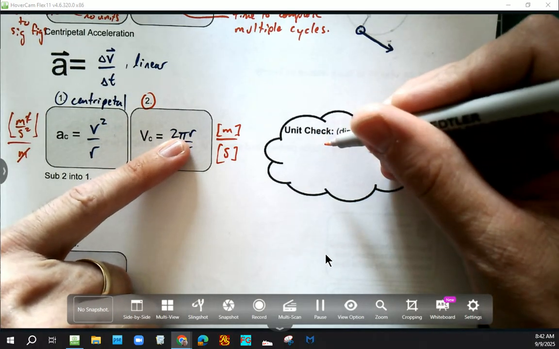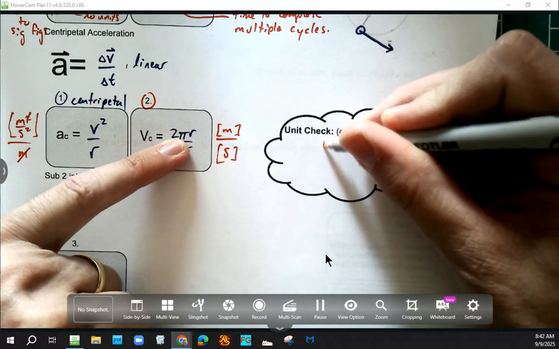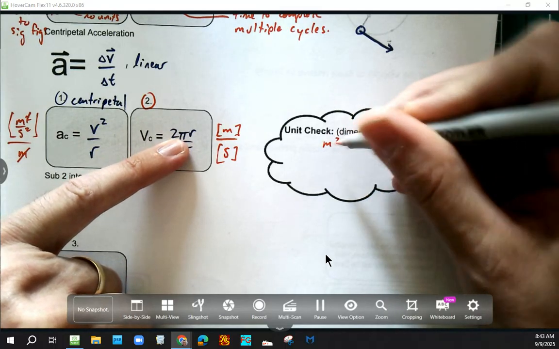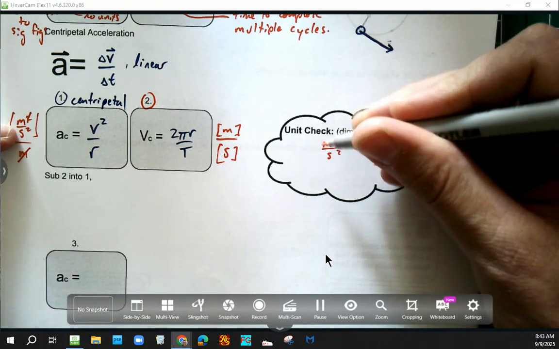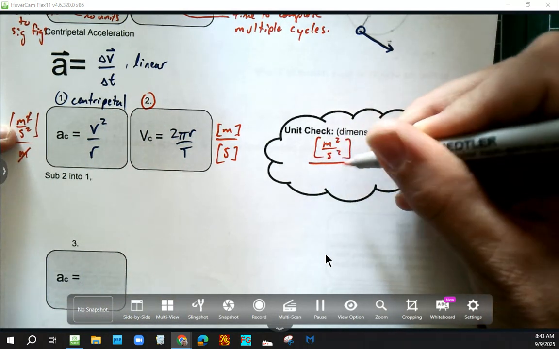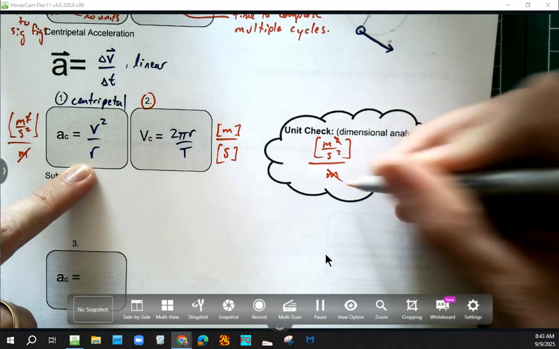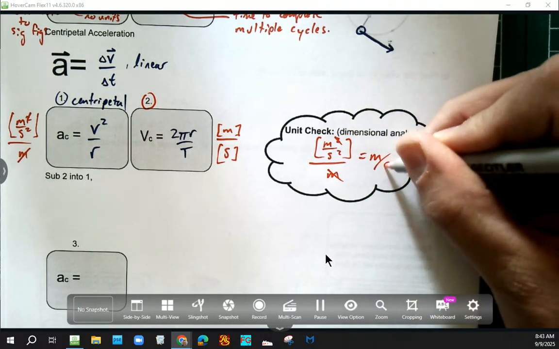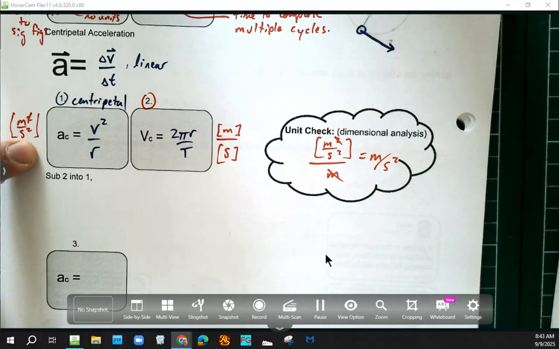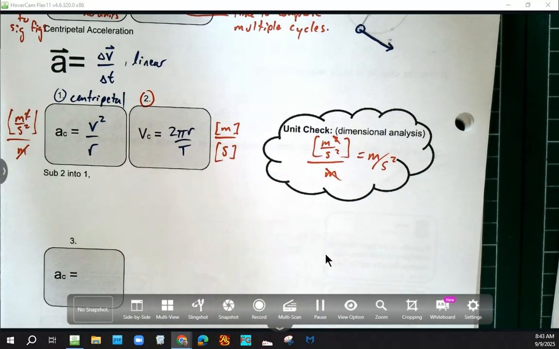Notice that if I have 2 pi r over period squared, then that's going to be the r squared, so that's going to be the meter squared, divided by the second squared again, because the seconds is going to come from that guy. Well, that's exactly what we had over here, divided by the meters, and we get the same story that I was telling in the left-hand margin, but it's still going to end up being meters per second squared. So no matter how we deal with this, whether we deal with it as equation 1 on its own, equation 2 on its own, or equation 2 substituted into equation 1, it's all going to be good. Okay, so there's this nice unit consistency.